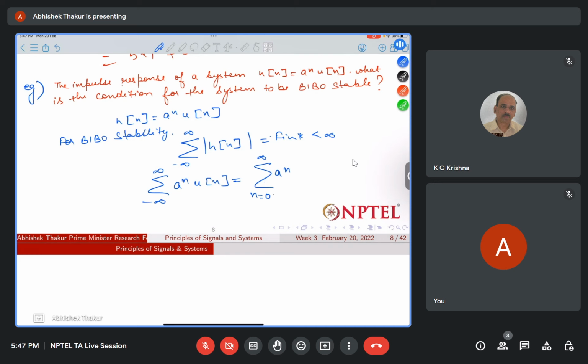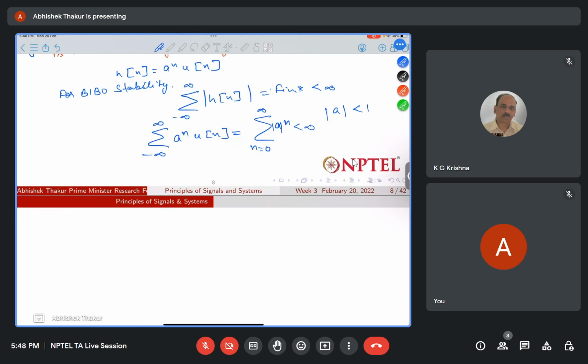This will be bounded by some constant k only when mod a is less than 1. We know that when mod a is less than 1, the summation will be 1 by 1 minus a. In that case, this will be finite, or less than infinity.